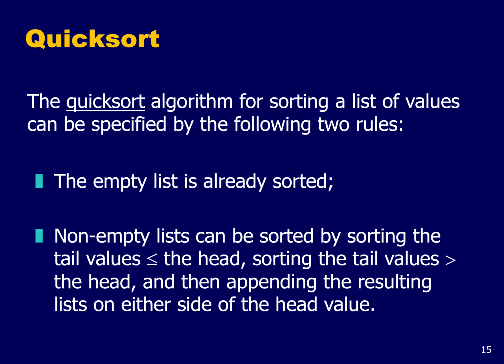Non-empty lists can be sorted by sorting the remaining values in the list which are smaller than the head, sorting the remaining values in the list which are bigger than the head, or the first thing, and then appending the resulting lists on either side of the head value. So if you want to sort a non-empty list, you take everything smaller than the first thing, you sort that, then you take everything bigger than the first thing, you sort that, and then you put the first thing in the middle. So this is the quicksort algorithm specified in English.